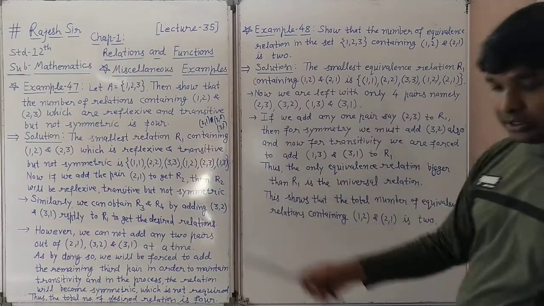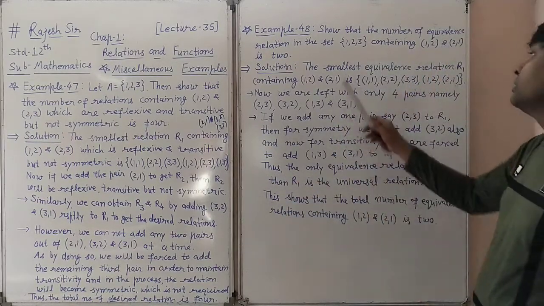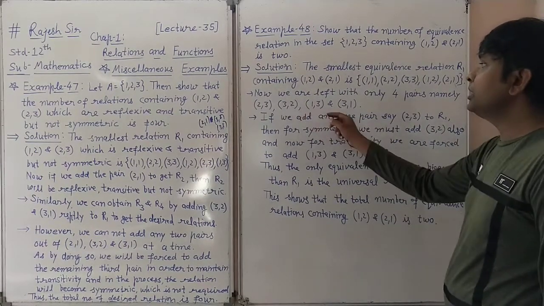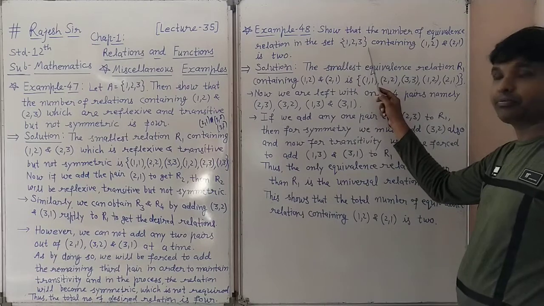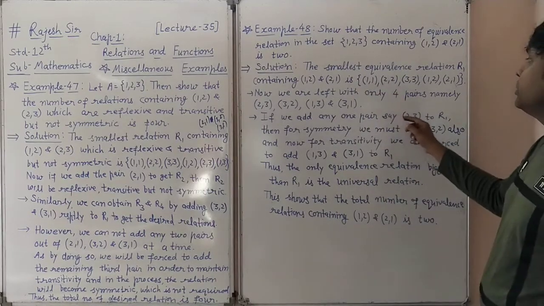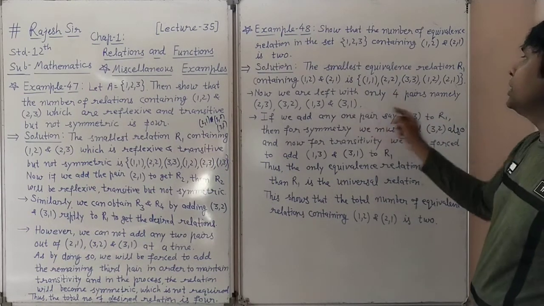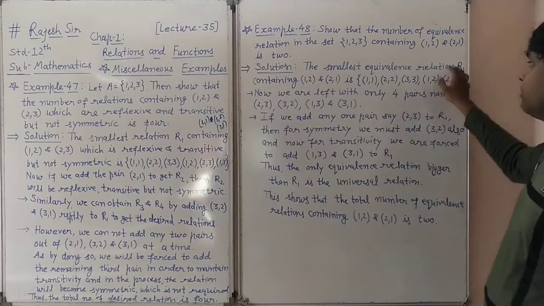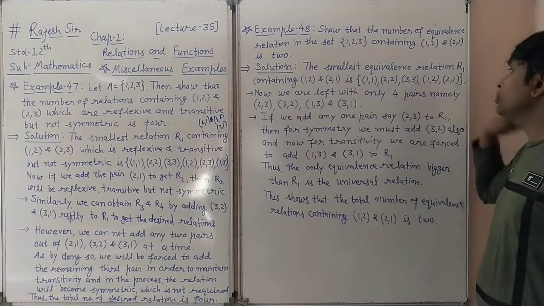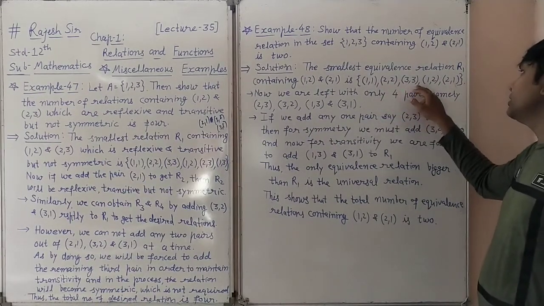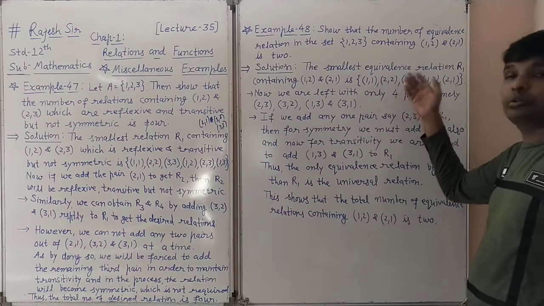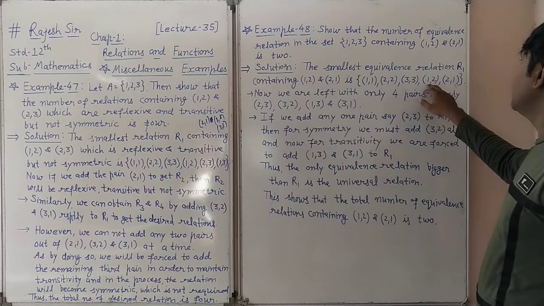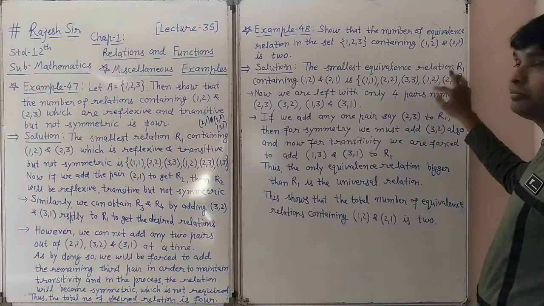So once again, like before, here also we will start. The smallest equivalence relation R1 we will define, which must contain 1 2 and 2 1 on this set 1 2 3. So 1 1, 2 2, 3 3, 1 2 and 2 1. This is the smallest relation R1 we have defined, and it is an equivalence relation because 1 1, 2 2, 3 3 show that it is reflexive. 1 2 and 2 1 show it is symmetric.